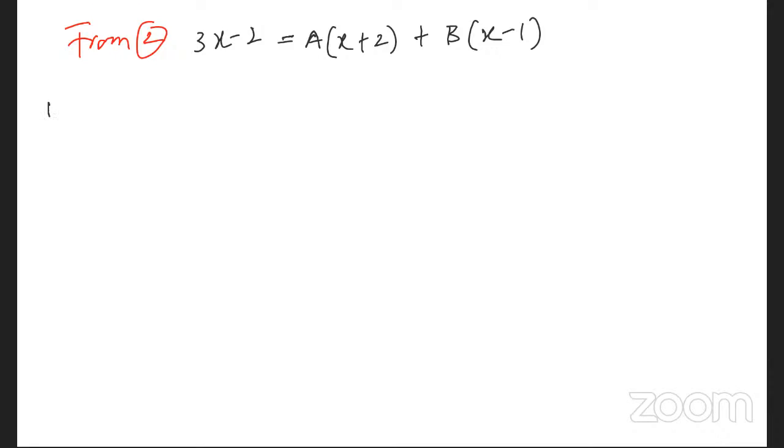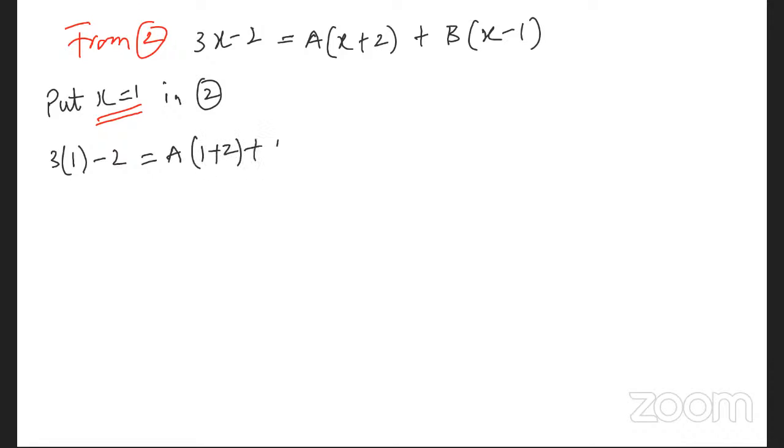Put x equals 1 in equation 2. What are we going to get? 3 into 1 minus 2 is equal to A into (1 plus 2) plus B into (1 minus 1).